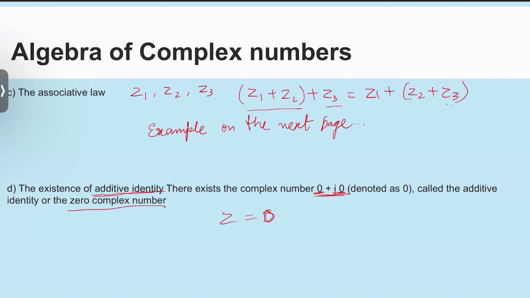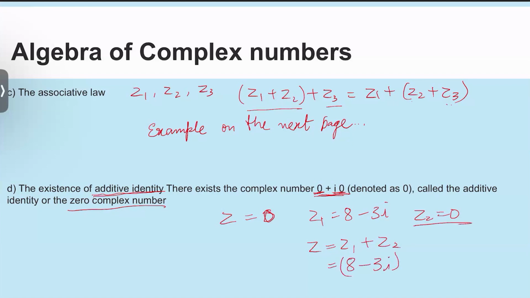Suppose you have Z1 equal to 8 minus 3i, and your Z2 is equal to 0. So what you get as Z1 plus Z2 is 8 minus 3i.